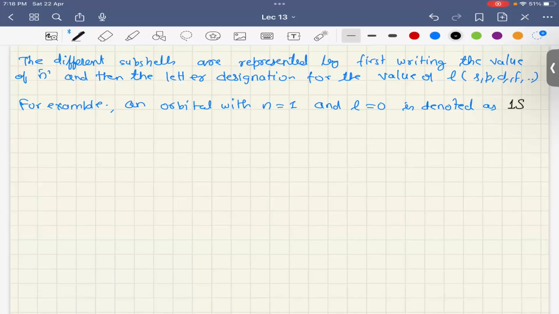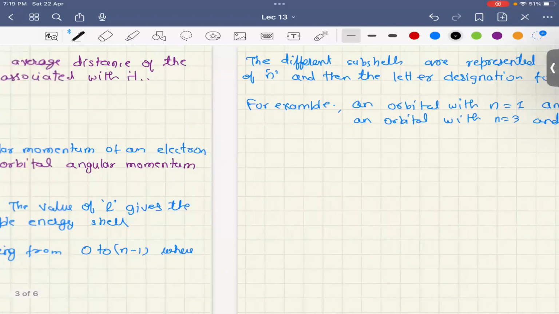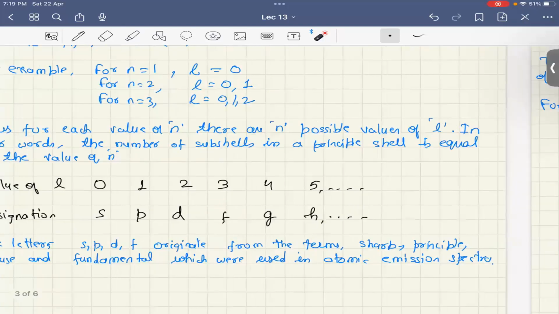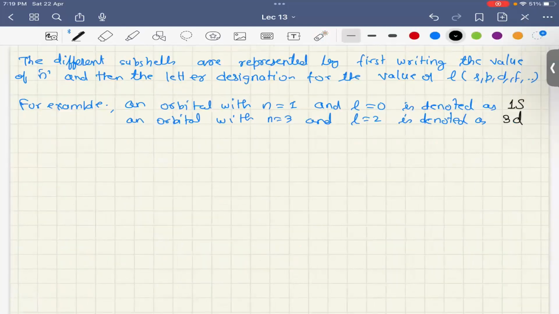Similarly, an orbital with n equal to 3 and L equal to 2 is denoted as 3d. Why? Because we know that for L equal to 2, the letter representation of L is nothing but d. Hence we have d here.